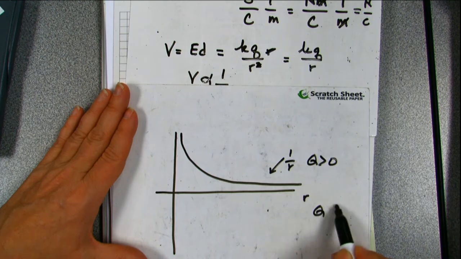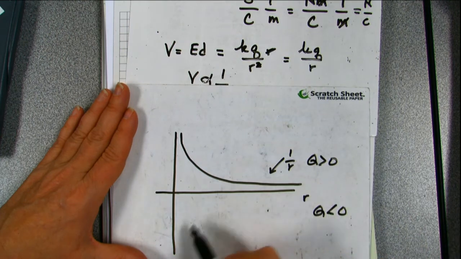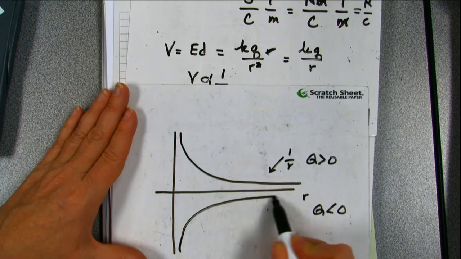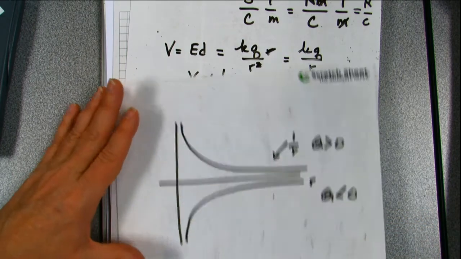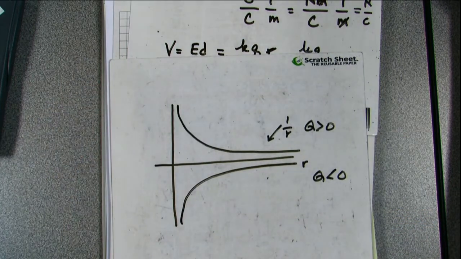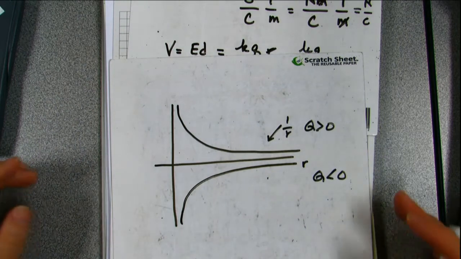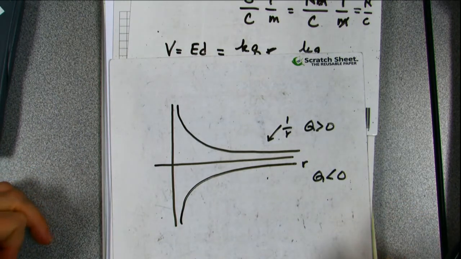This is for Q less than 0. And at infinity, it's approaching 0. Okay? At infinity, it's approaching 0.